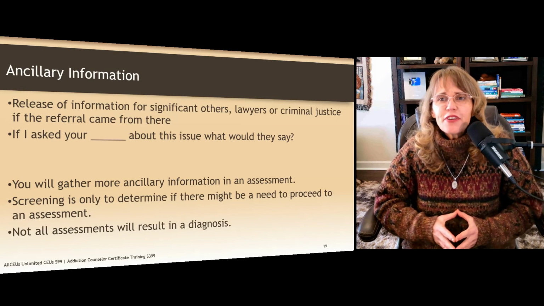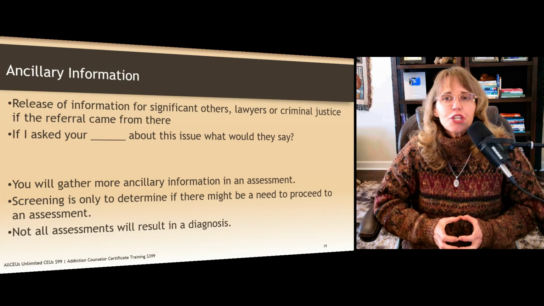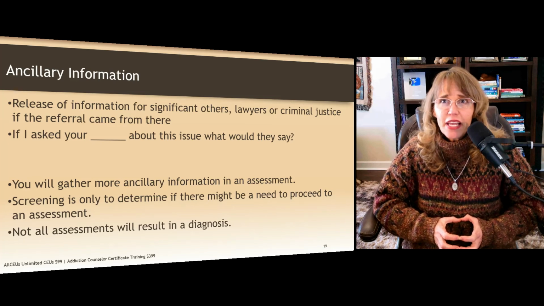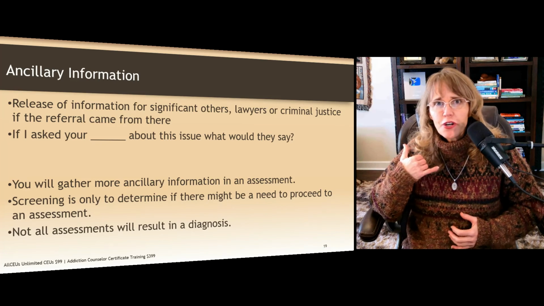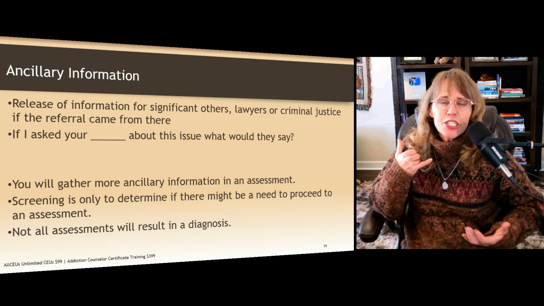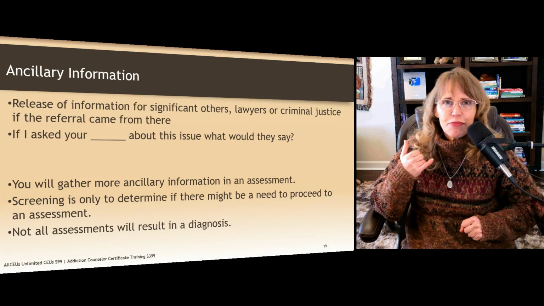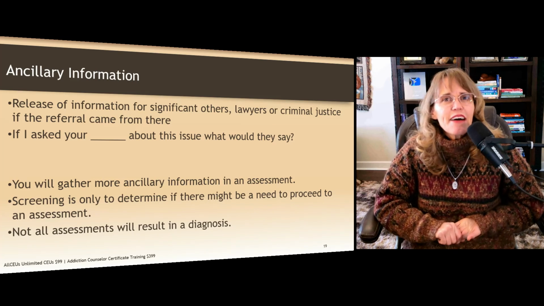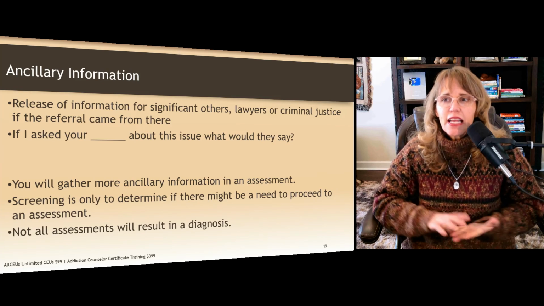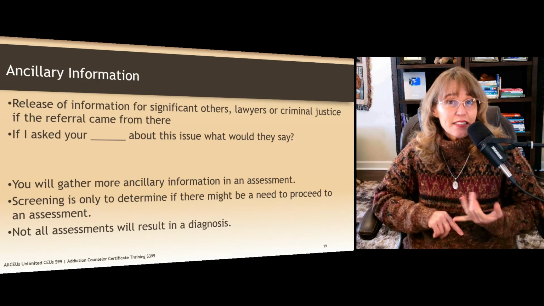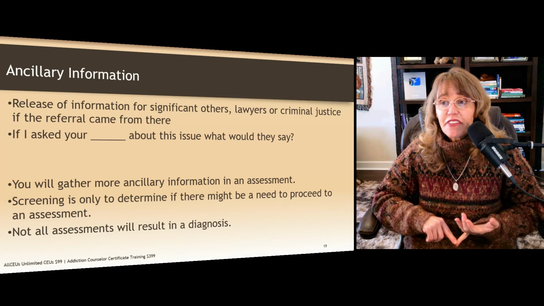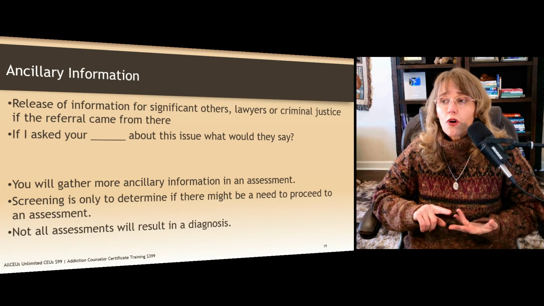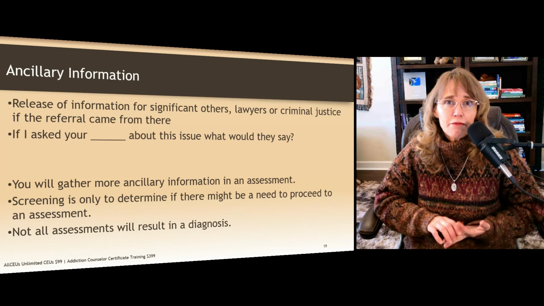In terms of gathering ancillary information, you need to get a release of information. You can't just call up their boss or their attorney and say, hey, I screened Jim Bob today and I was wondering if you could give me some information. You need to have that signed release of information. Ideally, they would allow you to talk to significant others, lawyers, or criminal justice if the referral came from there.